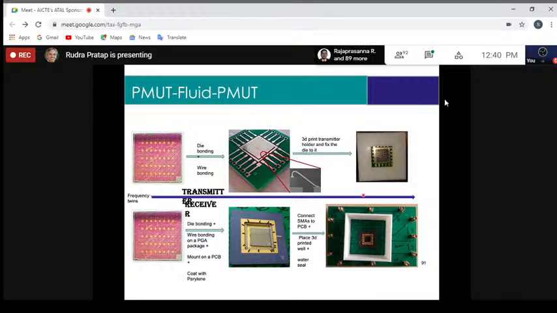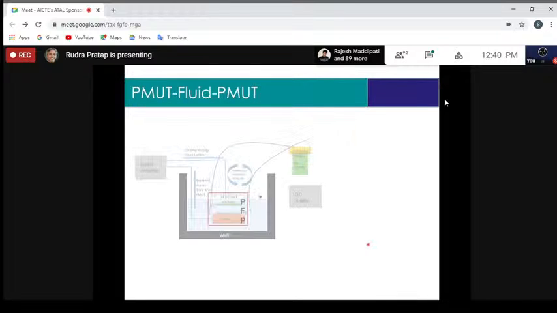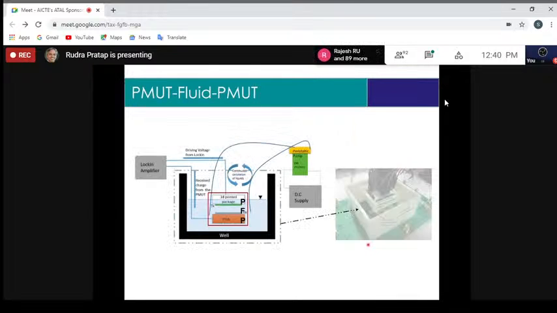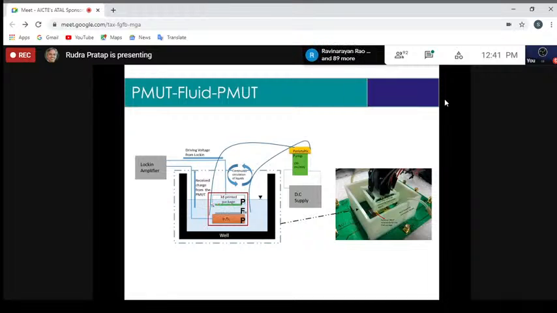At the bottom you have the receiver, on the top you have the transmitter, and the transmitter is transmitting the signal through the fluid. This is for density sensing. This is how it looks in the actual setup. You can see the transmitter and the receiver and the fluid in between.